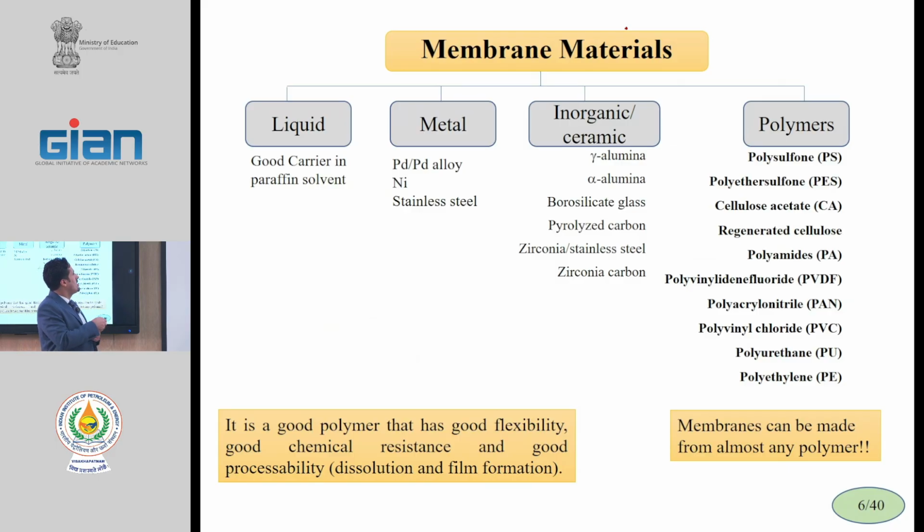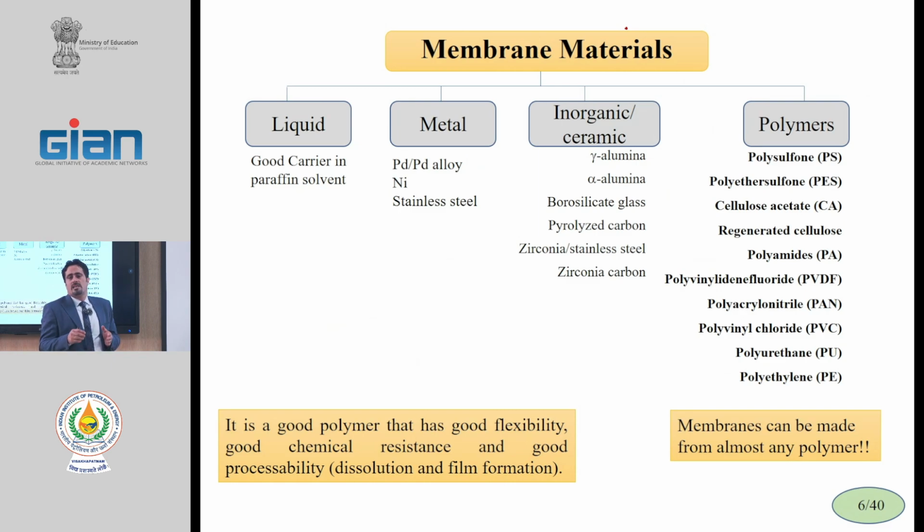We have all liquid, solid, metal, non-metal, inorganic, ceramic, and polymers. The usual polymers used in fabrication of the membranes are polysulfone, polyethersulfone, cellulose acetate, regenerated polyamide, and generally, membrane can be made from all of the polymers, polyethylene, polystyrene, biopolymers, chitosan, polylactic acid, and every polymer.